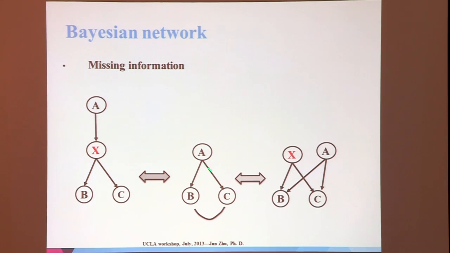Now you can see that this structure is not equivalent to the original anymore, because in the original, B and C are independent conditional on A. In the collapsed structure, B and C are not independent conditional on A.